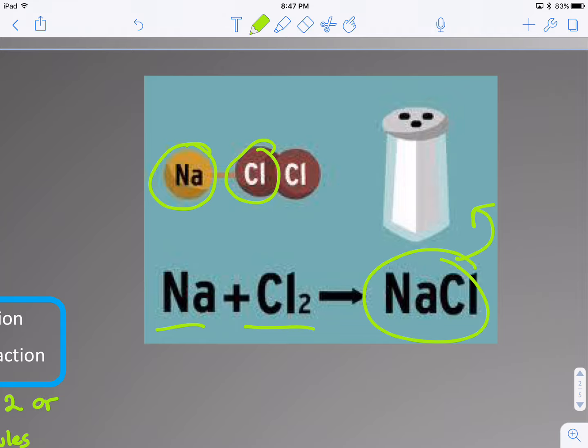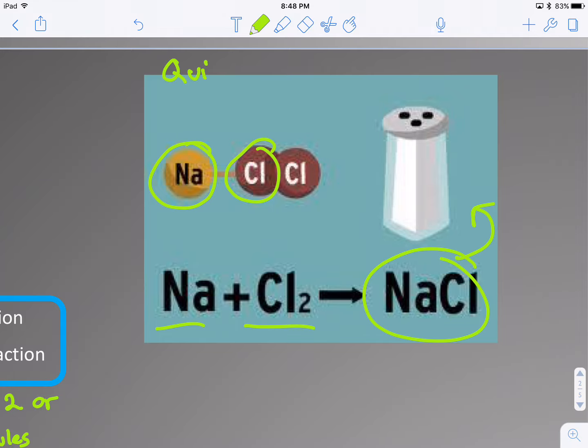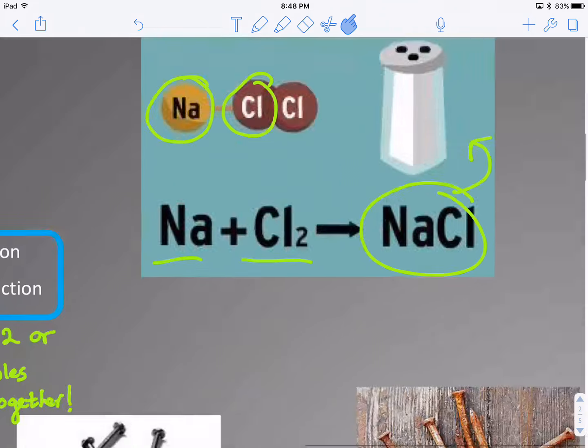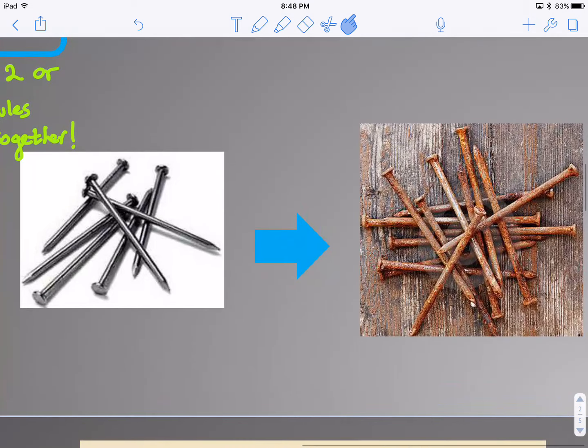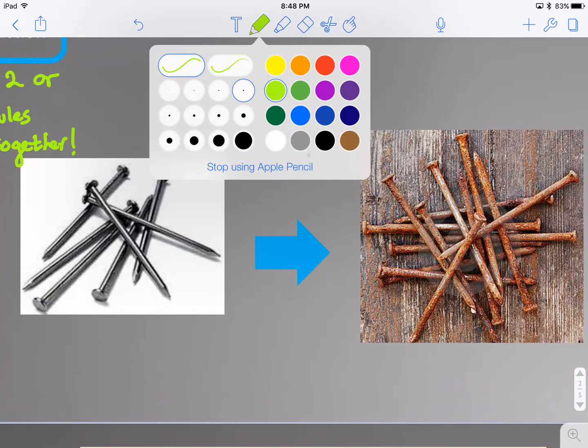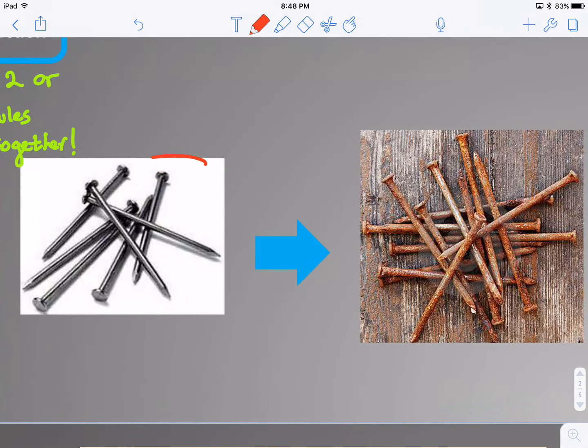This is an example of a quick reaction, okay? This can happen very, very fast. It's not difficult. Now, conversely, what we have down here, we have steel nails, okay?